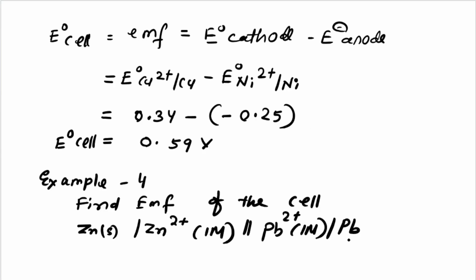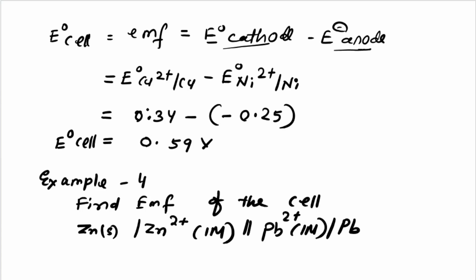So here E0 cell is equal to EMF. The E0 cell, that means EMF, electromotive force, is equal to standard electrode potential of cathode minus standard electrode potential of anode. This is the formula.